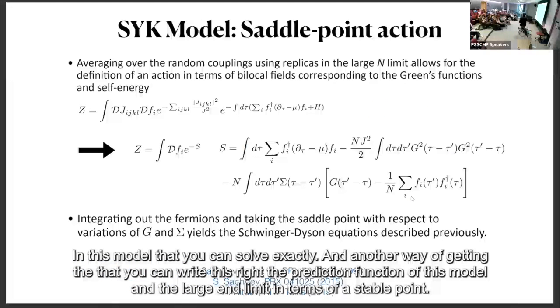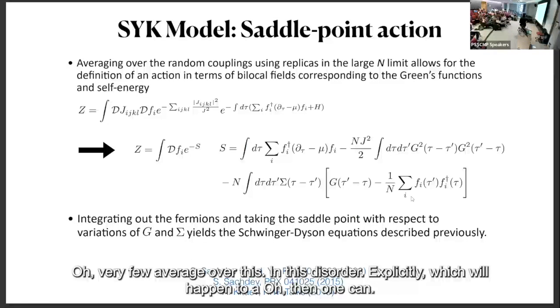Another way of getting the Schwinger-Dyson equation is that you can write the partition function of this model in the large N limit in terms of a saddle point, where you average over the disorder explicitly, which you have to do a replica method for.